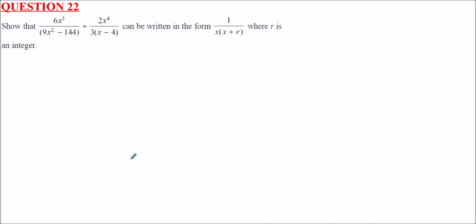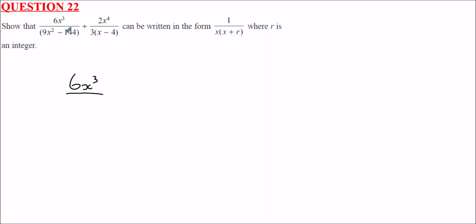Question 22, we need to show that this can be written in this form where r is an integer. So first of all, 6x cubed. And now, just looking at this first step, 9 and 144 are both multiples of 9. So 1 plus 4 plus 4 is 9.